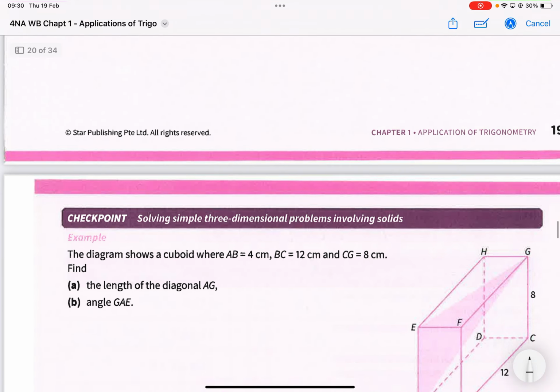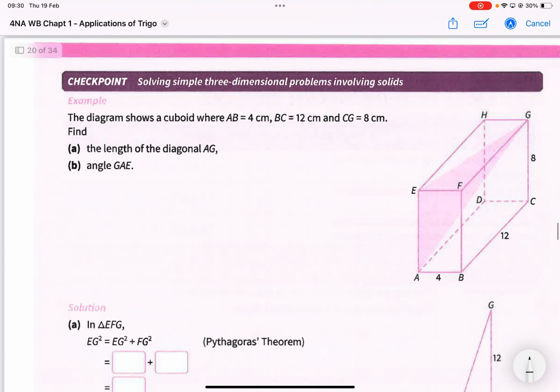Okay, so we must remember, everything that is standing upward is 90 degrees. If we take a look at this cuboid, AB is 4, BC is 12, then CG, the height, is 8.